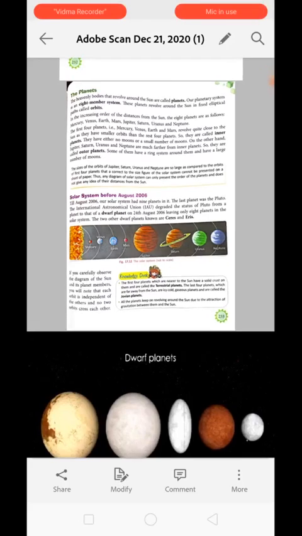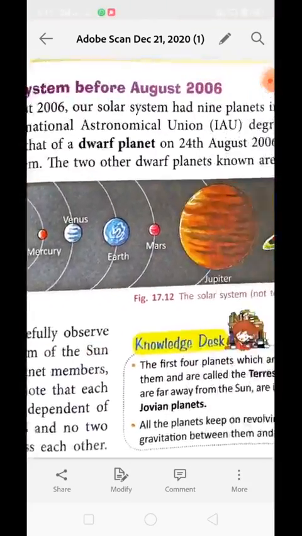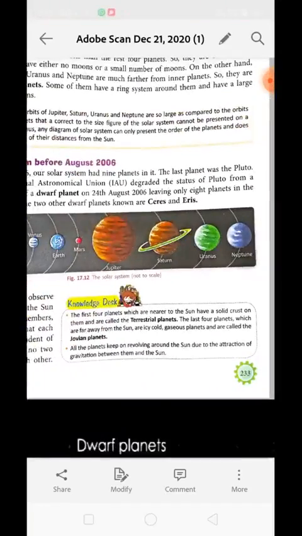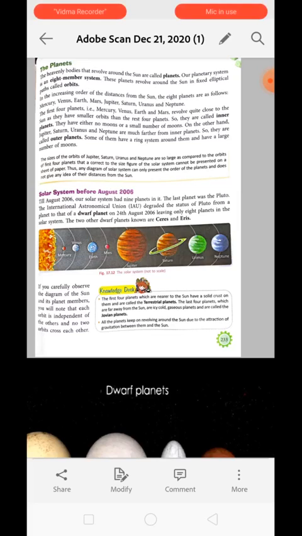Now just look at the solar system very carefully. If you have carefully observed this diagram of the sun and its planets, you will notice that every planet is revolving around the sun on its own fixed pathway, which is called an orbit.